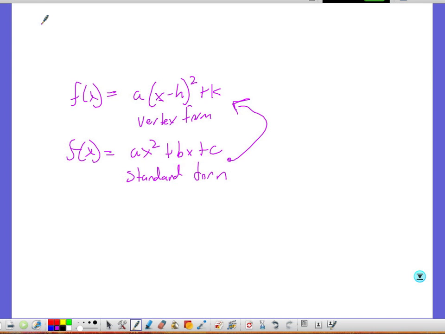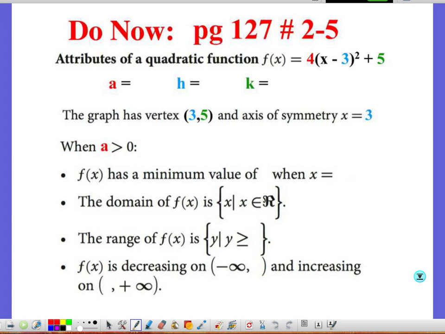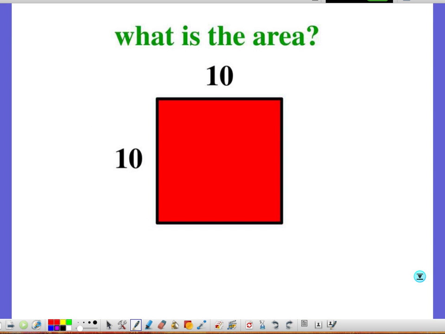And to begin to learn how to do this, we actually have to start with something that seems almost irrelevant. But there is a way to connect these ideas together. So what I had my students do is go all the way back to elementary school and tell me what the area of this square was. So the area of this square is 100.